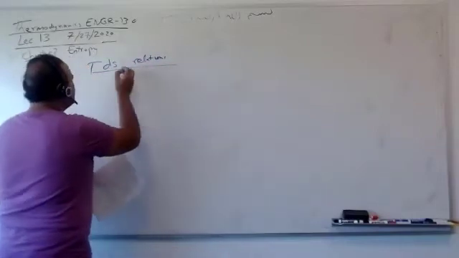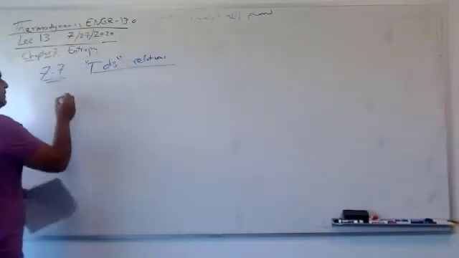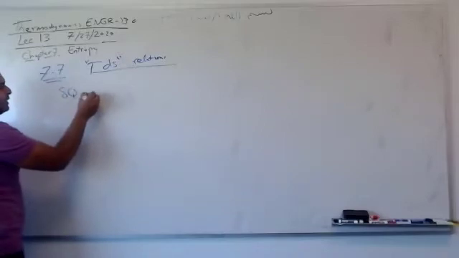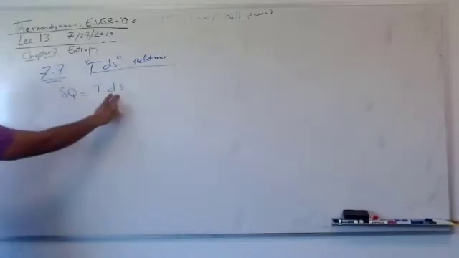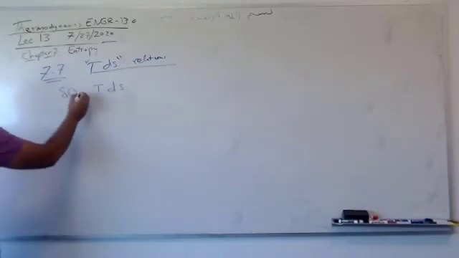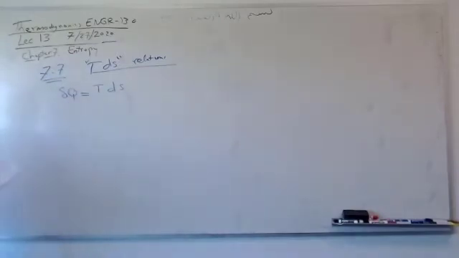There are several relations for T delta S. Remember, delta Q equals T delta S. Oops, dS. So this is a property. This is delta, which is not a property.